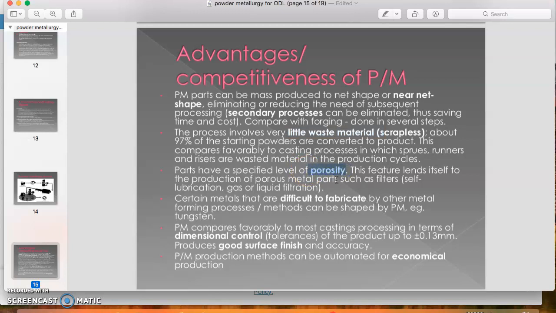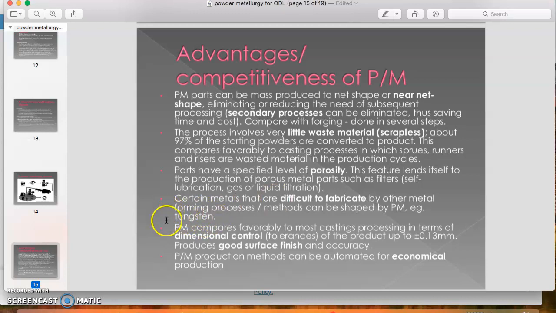Other than that, we can get porous products, which can be used as filters, for filter lubrication, and gas and liquid filtration. It can also be used to fabricate metals which have a high melting temperature, such as tungsten.